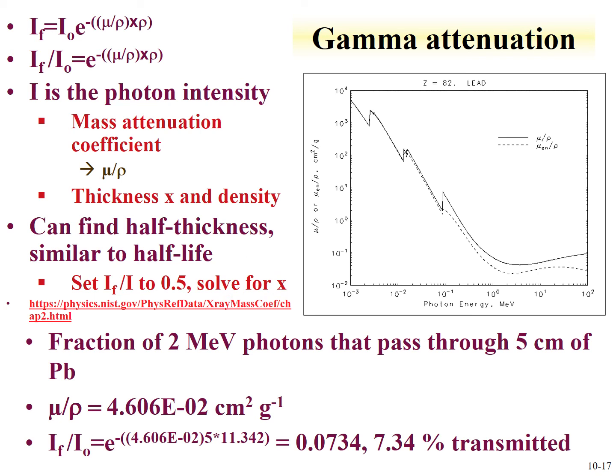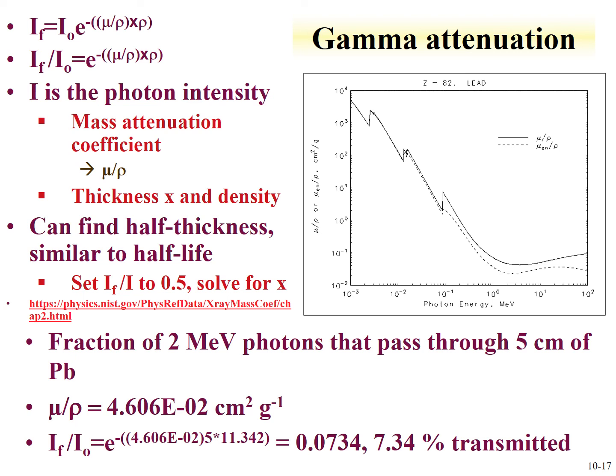One could use this as a rule of thumb for a photon such as from thallium-208, which is a 2.6 MeV photon that's responsible for a large dose. If you had the half thickness, you'd know how much material you would need to cut down the dose by 1/2, to 1/4 of the amount, to 1/8 of the amount.